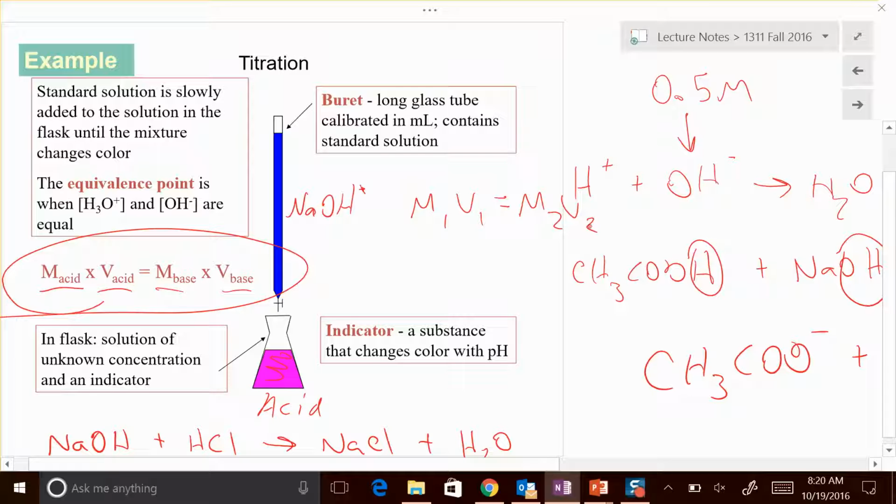That's because the moles of the original solution are equal to the moles of the new solution. And it's the same thing with the acid and the base. The moles of the acid are equal to the moles of the base. It's the same. Okay?